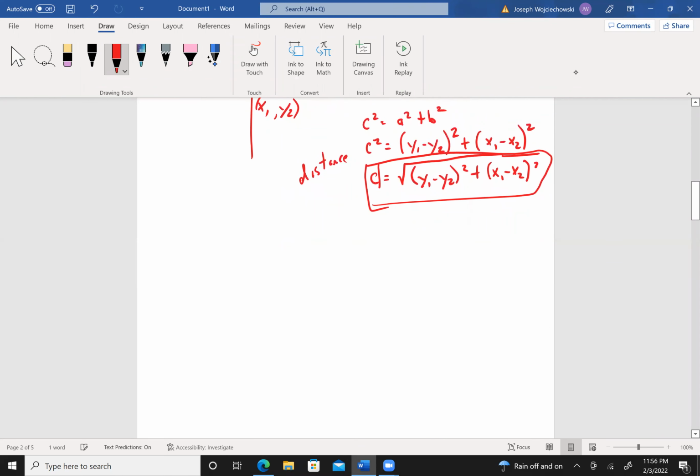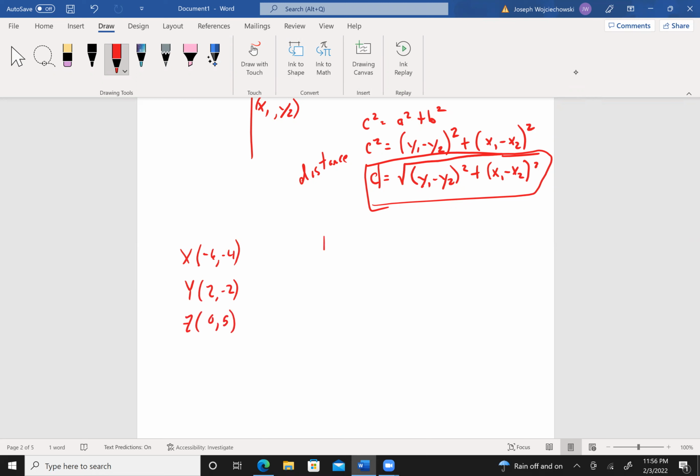So now let's look at 3 points. We'll label them x, which is (-6, -4), y, (2, -2), and z, (0, 5).